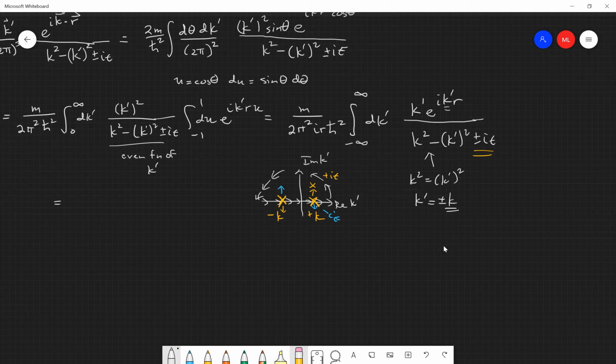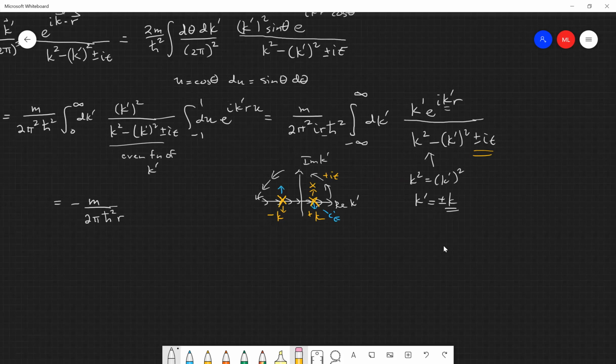So that selects whether you get one Green's function or the other one. And so in the end, you'll get minus, and remember it's times 2 pi i times the residue and so on. So in the end, you can calculate it out to be m over 2 pi. One of the pi's cancels because of the 2 pi i times the residue business for the contour integral. And you get the magnitude here, r.